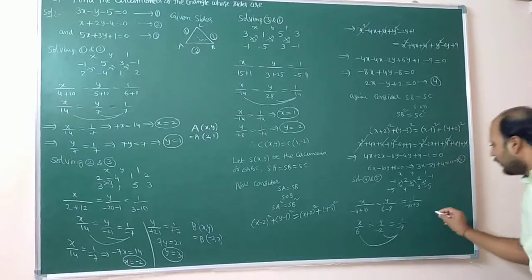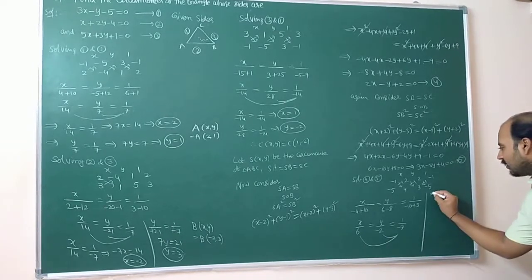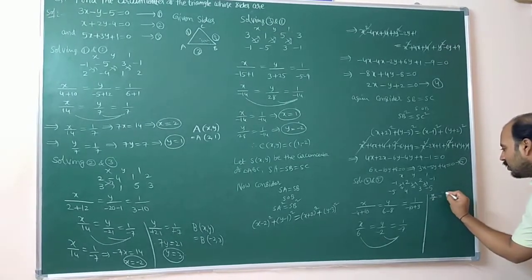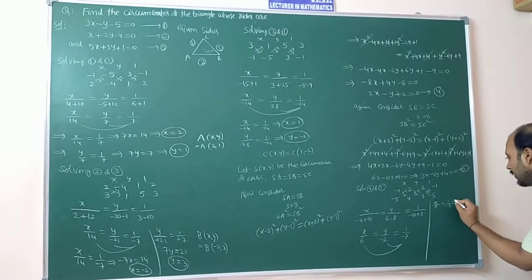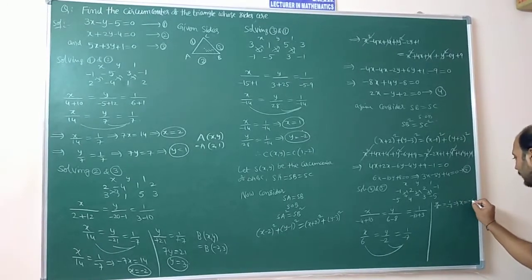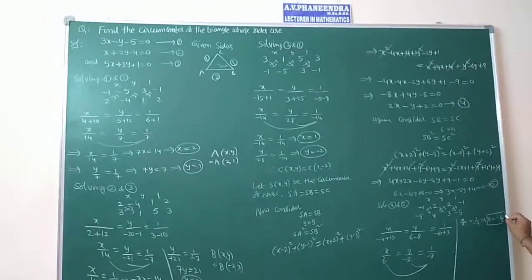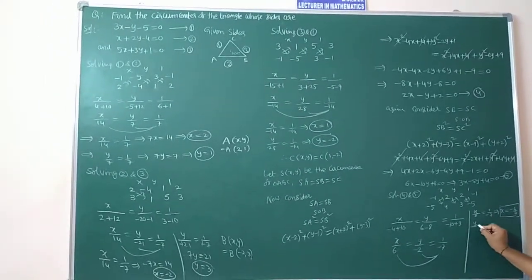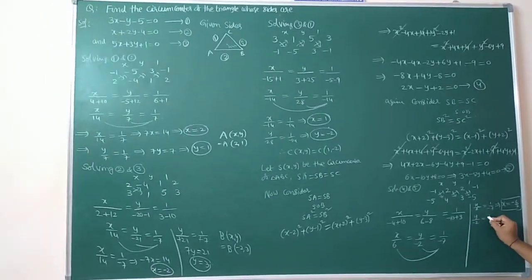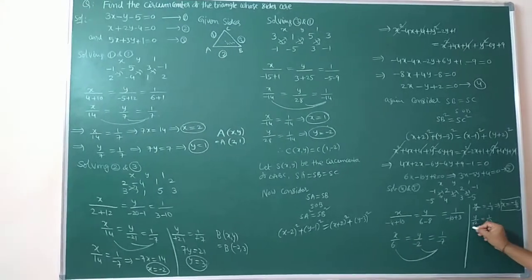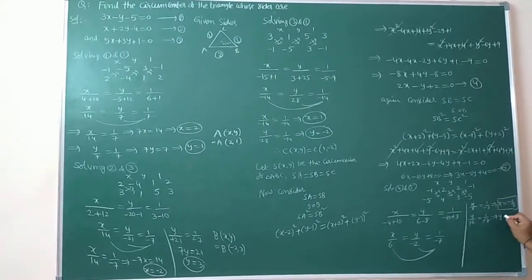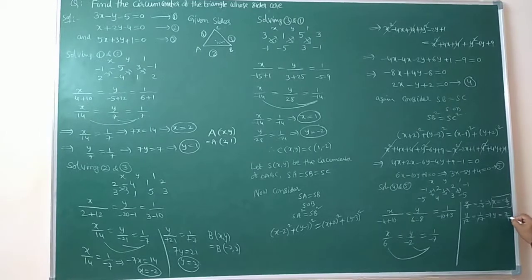Equating these two, x by 6 is equal to 1 by minus 7. That implies x is equal to minus 6 by 7. And y by minus 2 is equal to 1 by minus 7. Minus minus cancel, y is equal to 2 by 7.